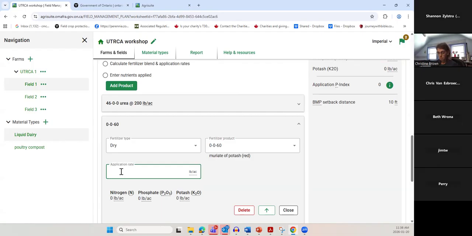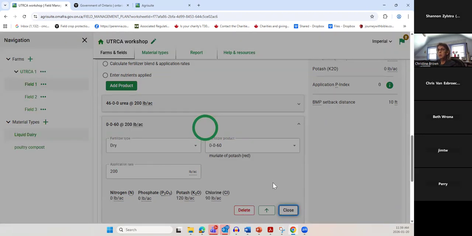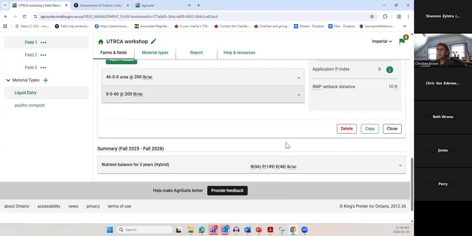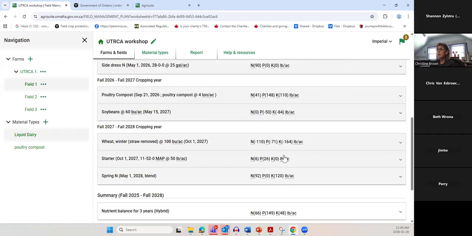So we're trying to build our phosphorus a little bit, so we're putting it on at 200 pounds. Depending on how much nitrogen, Peter Johnson will sometimes recommend 120.